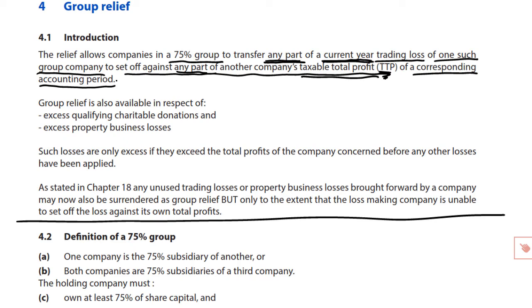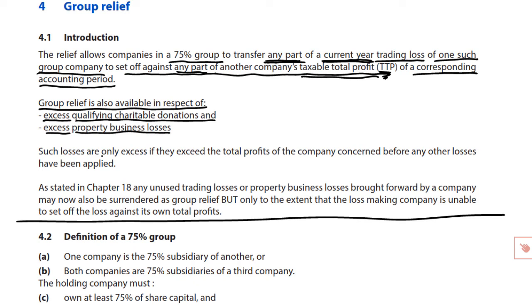Now, the main figure that is ever available for group relief is, of course, the trading loss, as we've just defined. But it's not the only possible loss that may be used in a group relief claim. Group relief is also available here in respect of, notice the word, excess qualifying charitable donations, and probably more likely, excess property business losses.